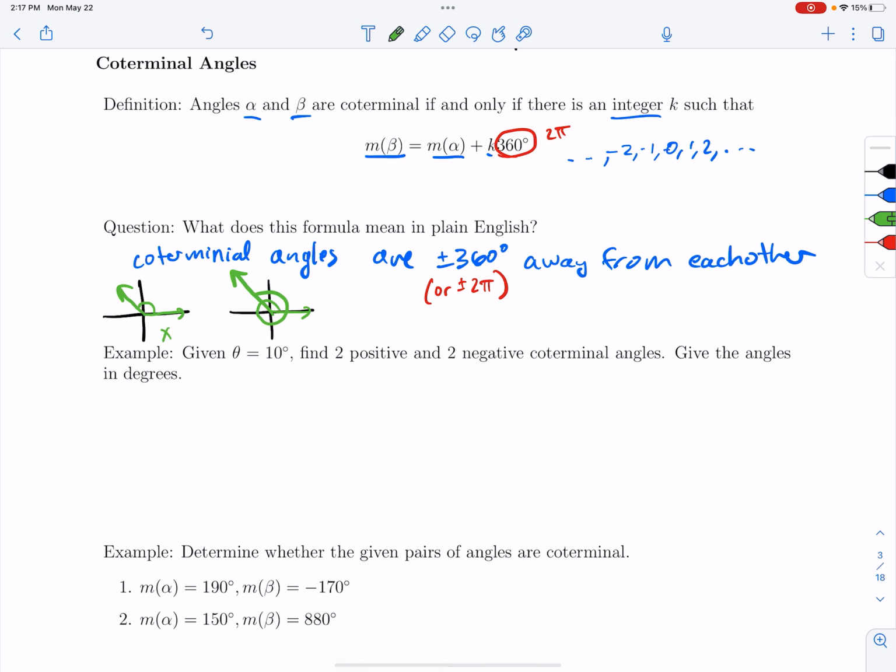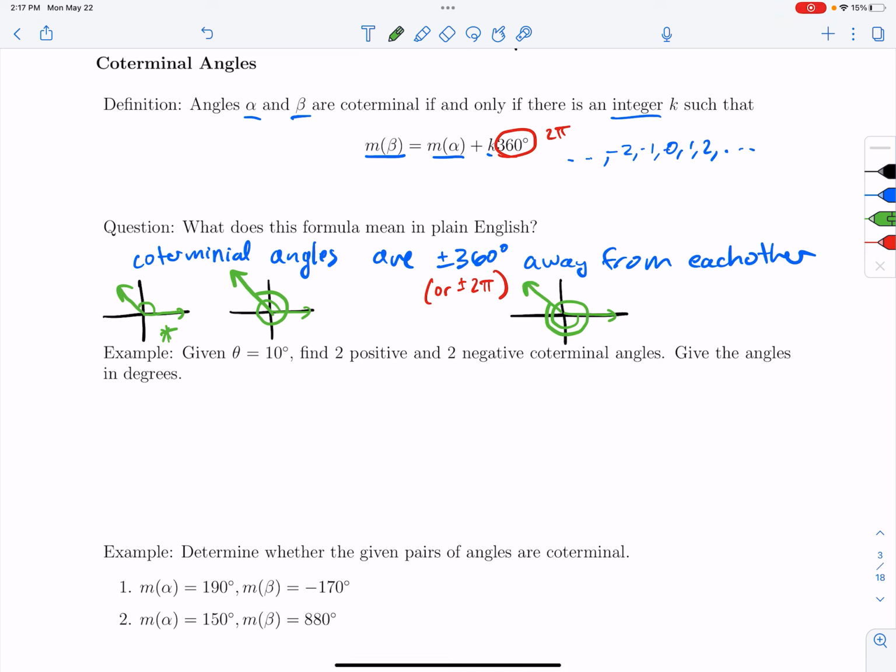So I took that initial angle and added 360 degrees to it, but I still end up in the same position. So those angles are coterminal. Similarly, I could land in that same position by rotating the other direction, and then I end up here.